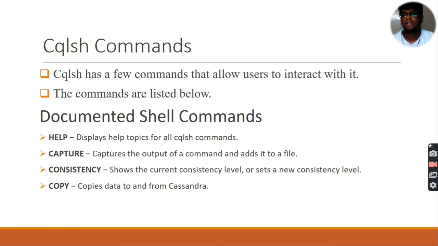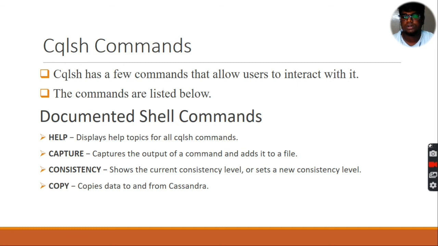CQLSH has a few commands that allow the user to interact with it. First, documented shell commands: help, capture, consistency, and copy. Help displays help topics for all CQL commands. Capture captures the output of a command and adds it to a file.